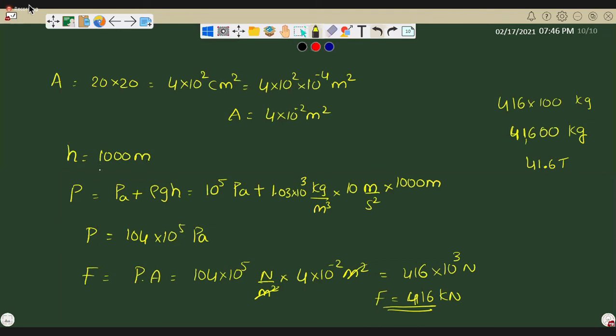Just go to 2, 3, 4, 5, 6, 7 kilometers like that; you see how much force is acting on it? Understood? Shall we go to the next one?